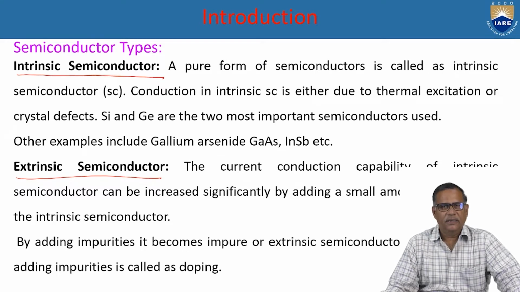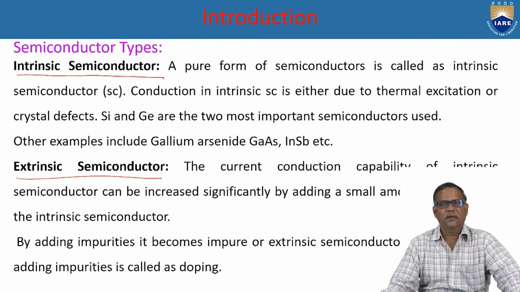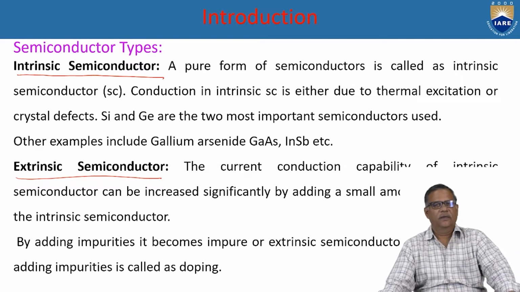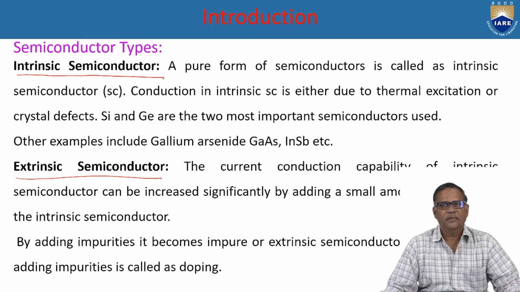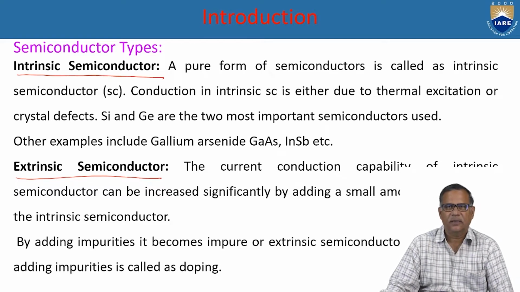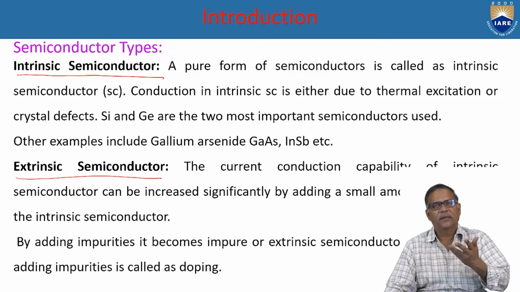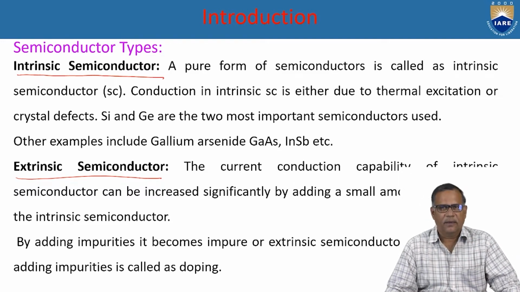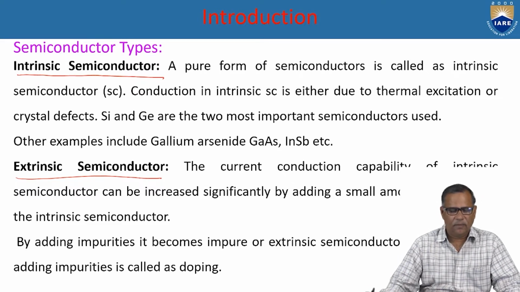The conduction in an intrinsic semiconductor is either due to thermal excitation or crystal defects. As we discussed, silicon and germanium are the two most important semiconductors being used, and other semiconductor materials are gallium arsenide and indium phosphide.